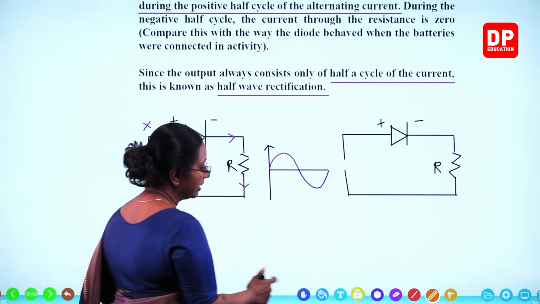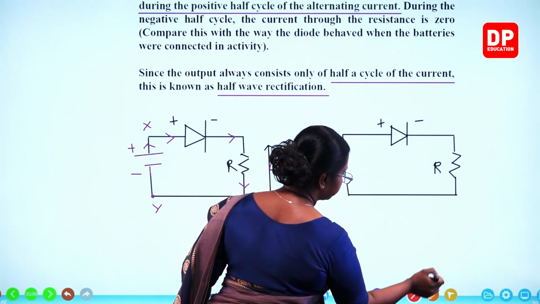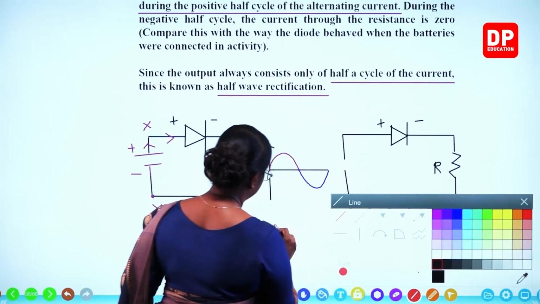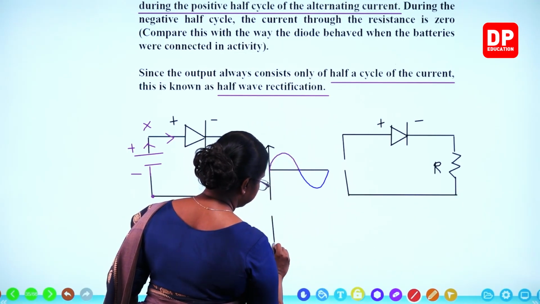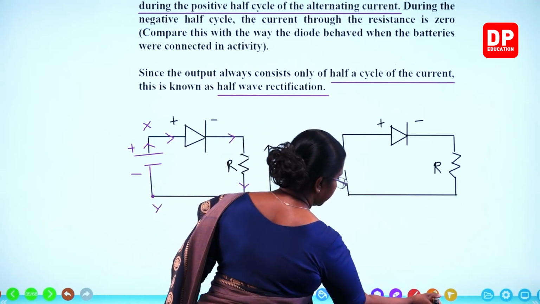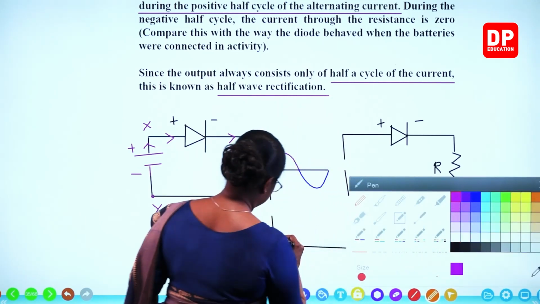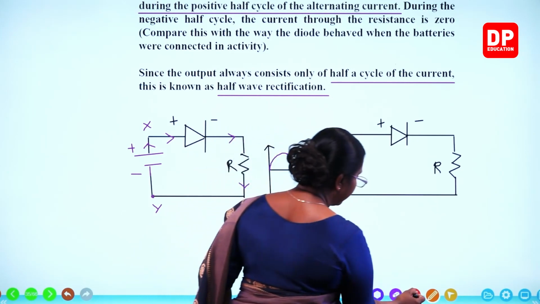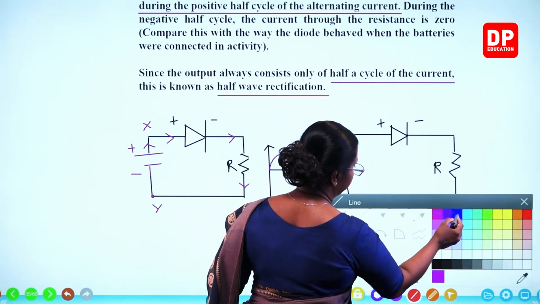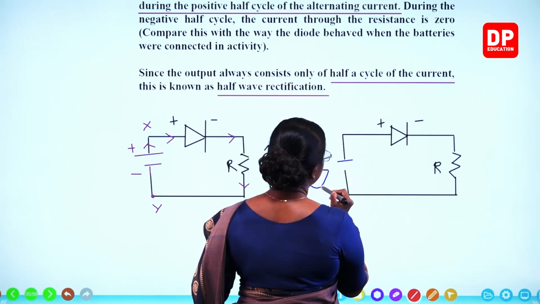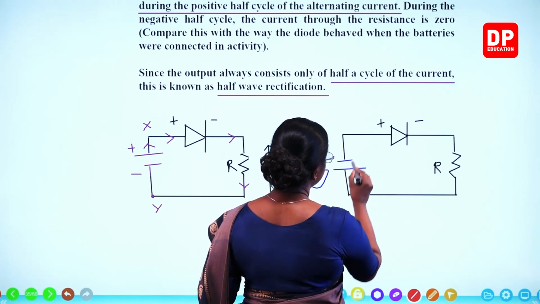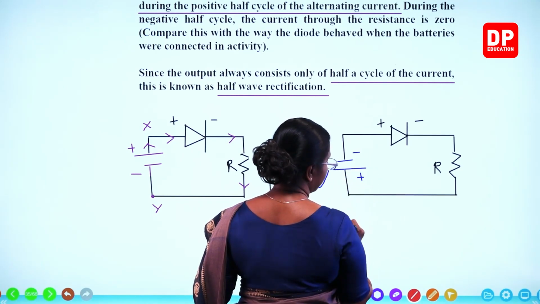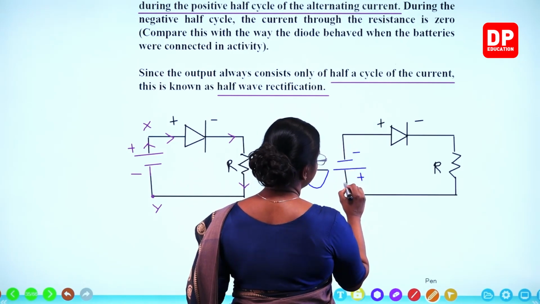So when you get the current flow, what happens there? You will have the positive cycle. But when we connect it the other way, where you have the negative terminal here, positive terminal there, then how does the current flow?